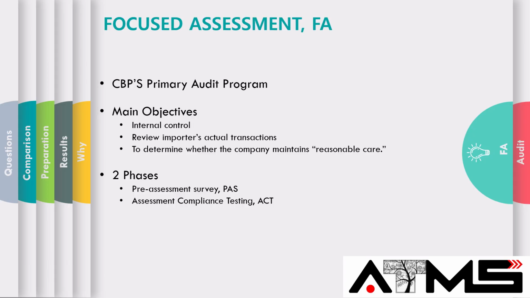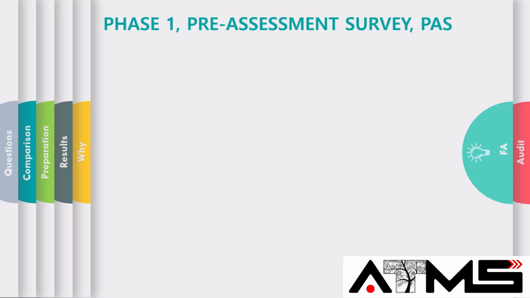FA is divided into two phases. Phase 1 is the pre-assessment survey, called PAS. The second phase is the audit of compliance testing, called ACT. Let's review the two phases of the CBP focused assessment.